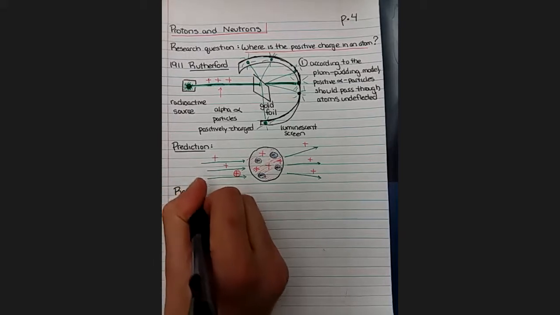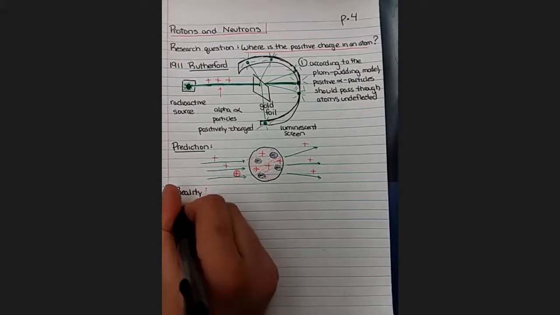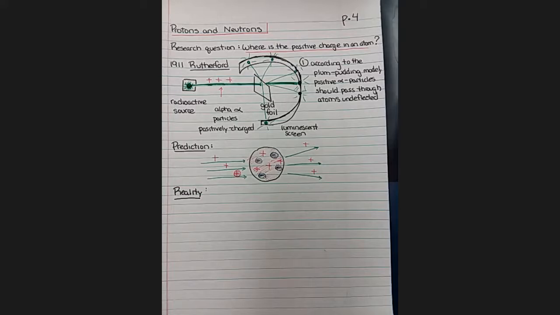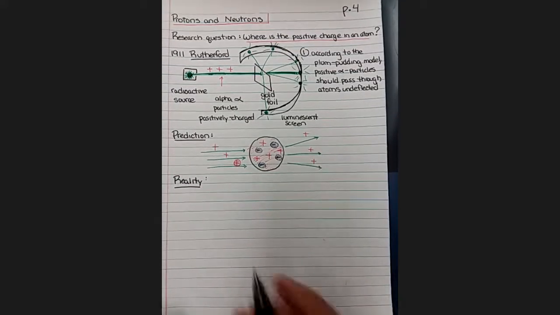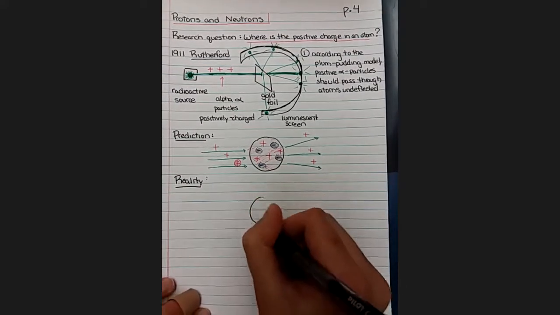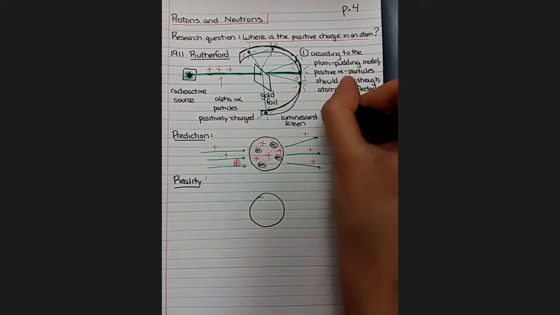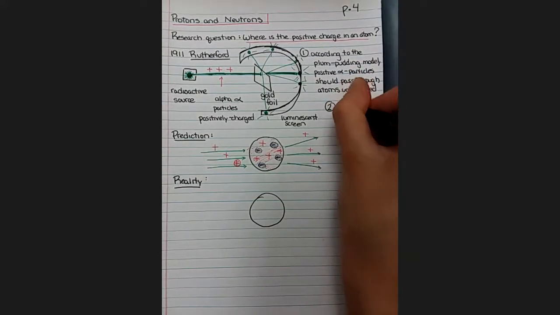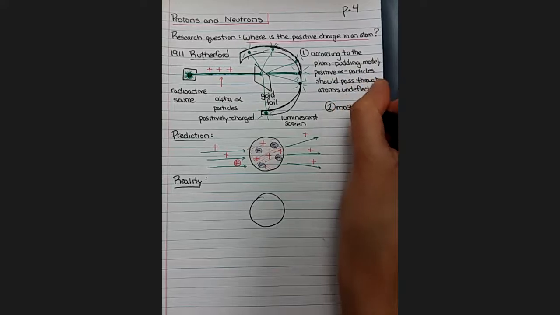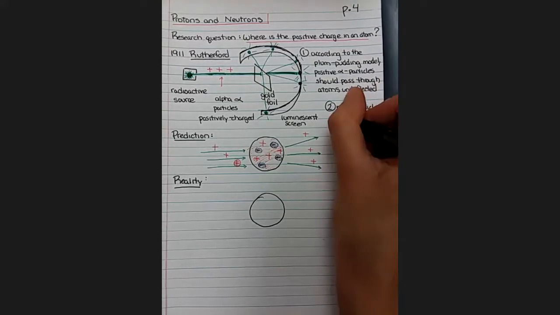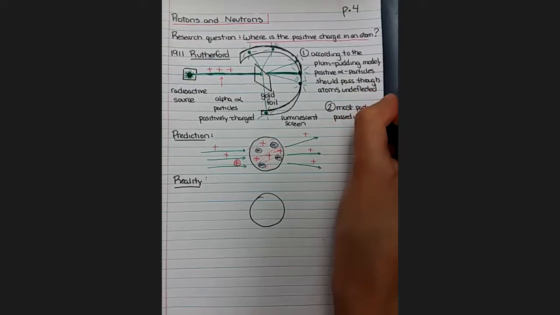And as we showed in our scientific method flowchart, if your evidence doesn't support your hypothesis, then you have to modify it. You have to make a change. So we have to change what we think an atom looks like. Oh, we should add our observation first. So when we shot the alpha particles, most of the particles passed through the gold undeflected.